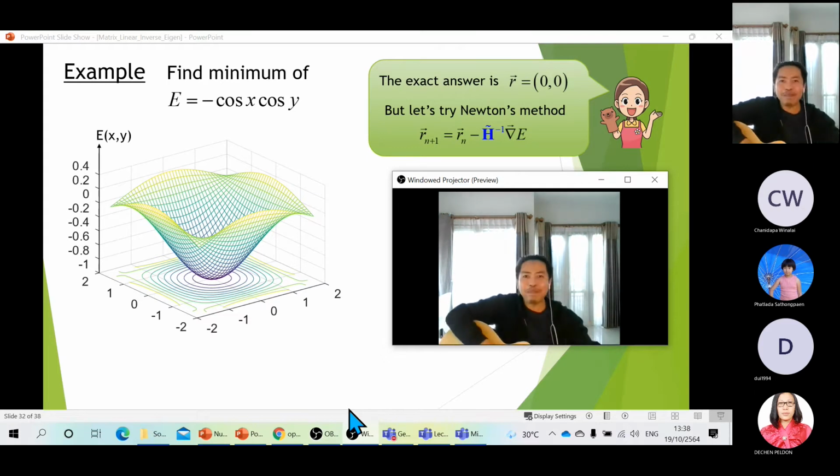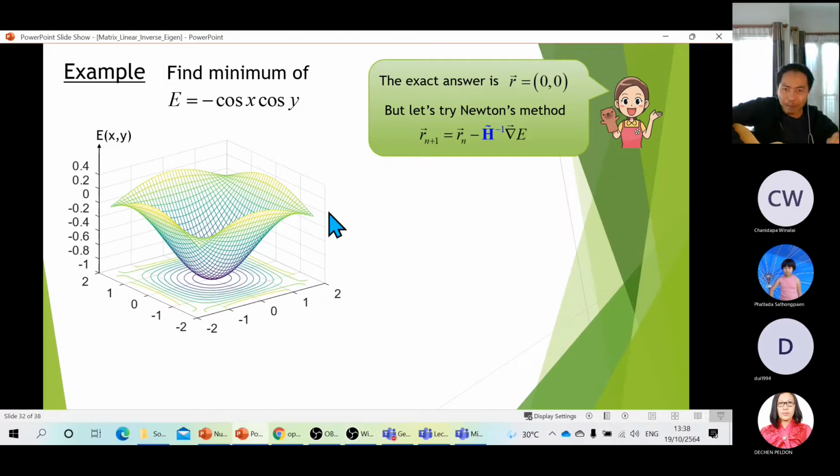Okay, so let's get back to the example of the optimization. Suppose I have a function like this. E depends on x and y, and it is that particular function minus cosine x and cosine y. Now we know from the graph, just looking at it visually, that the exact answer is here. The x and y are 0 at this point.